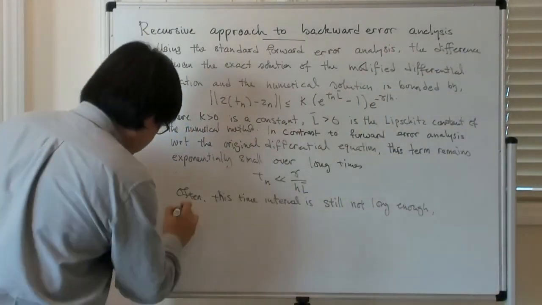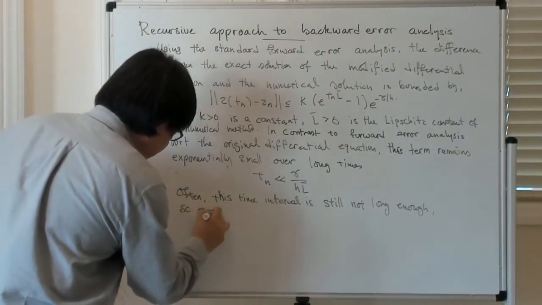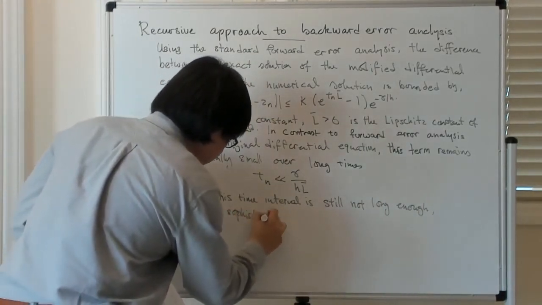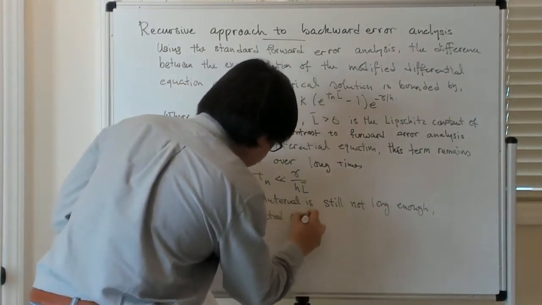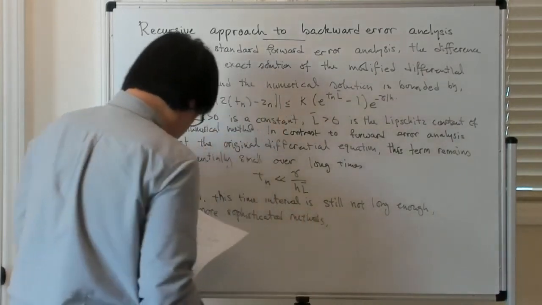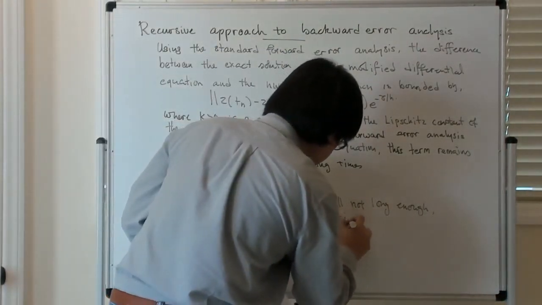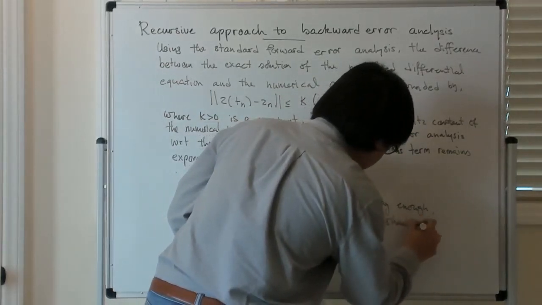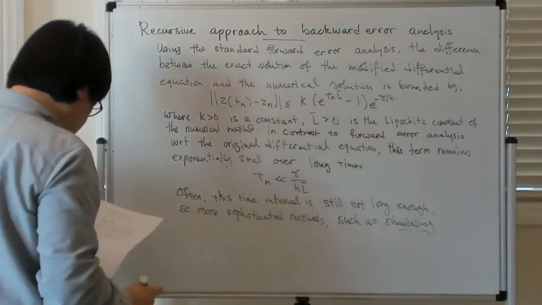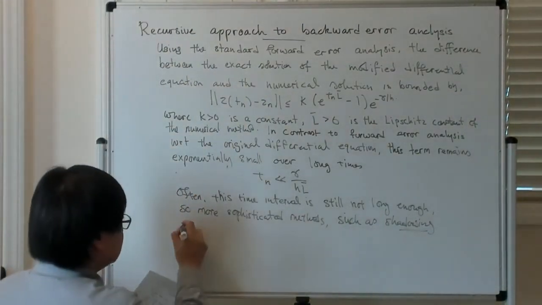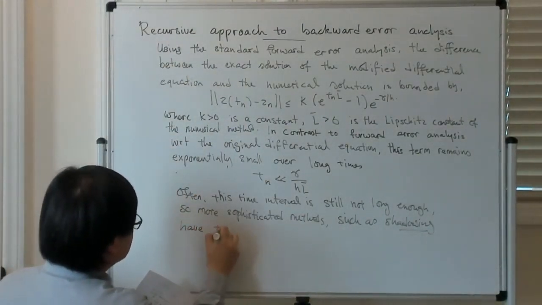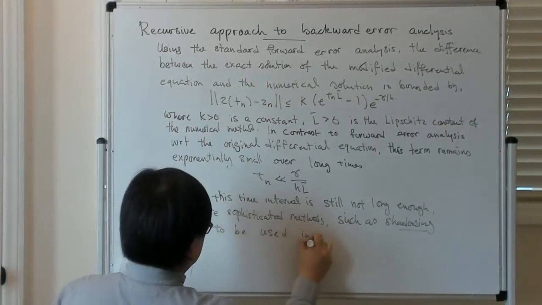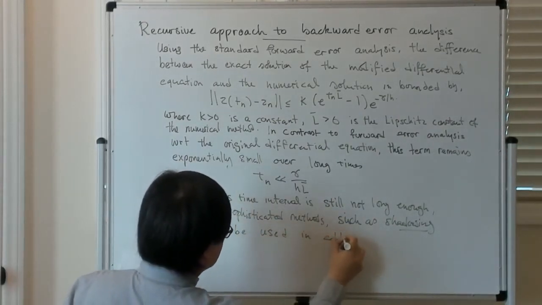So more sophisticated methods such as shadowing have to be used in addition to backward error analysis.